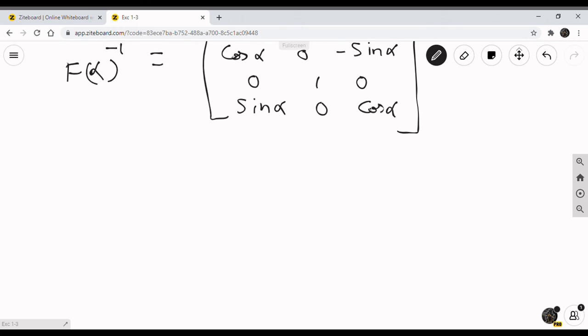In the sum, they have asked us to prove that f alpha inverse is equal to f of minus alpha. Now we have to see what is f of minus alpha. You know what is f of alpha, in the beginning they have given.